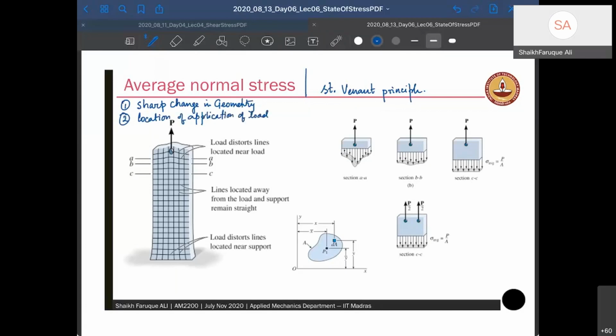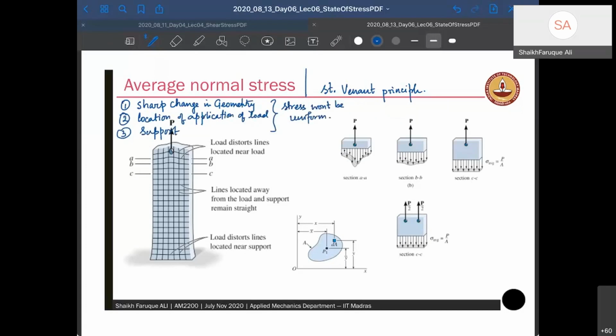And three is support. At these locations, stress will not be average or uniform.